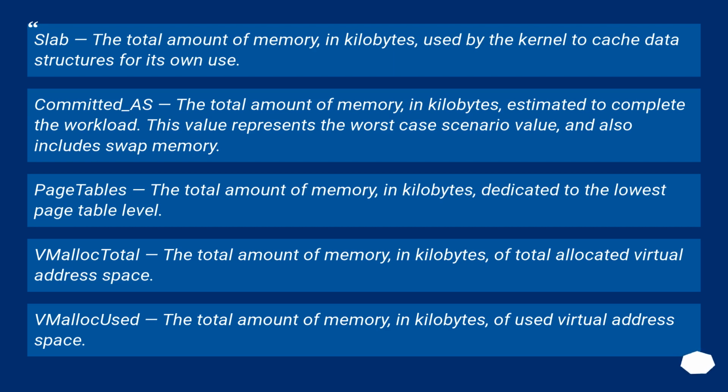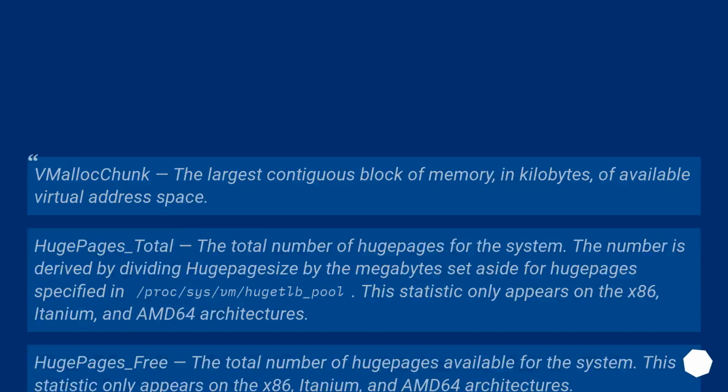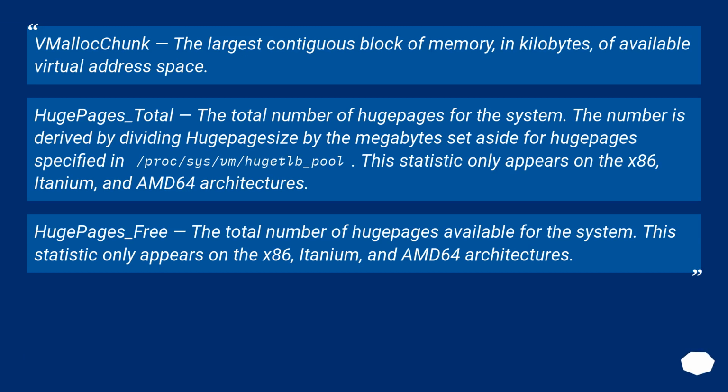VmallocTotal, the total amount of memory, in kilobytes, of total allocated virtual address space. VmallocUsed, the total amount of memory, in kilobytes, of used virtual address space. VmallocChunk, the largest contiguous block of memory, in kilobytes, of available virtual address space.